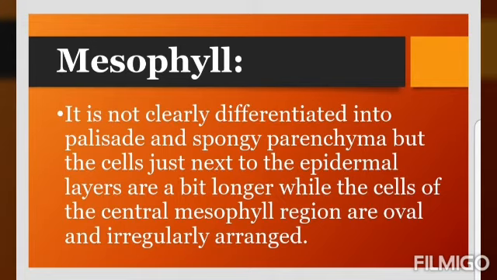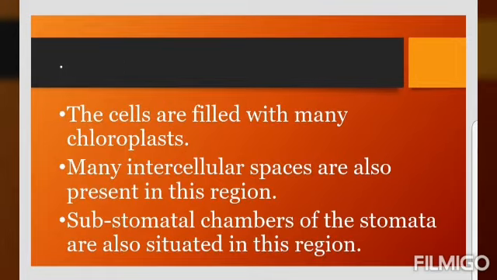The tissue between the upper and lower epidermis is the mesophyll, and mesophyll possesses chloroplasts and carries out photosynthesis. This layer of mesophyll is palisade parenchyma. The other one is spongy parenchyma.